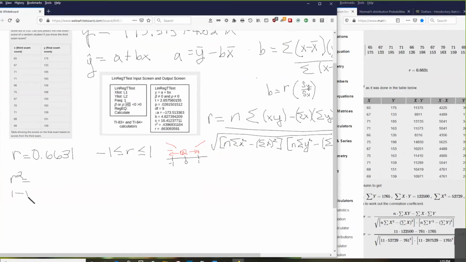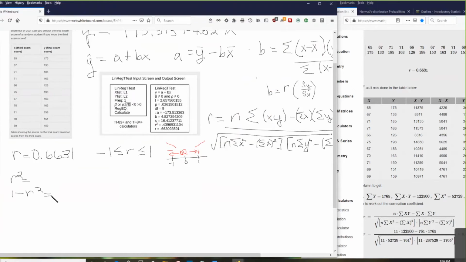And 1 minus R squared is also going to be listed as a percentage, and it's the variation not explained, or the scattering of the observed points.